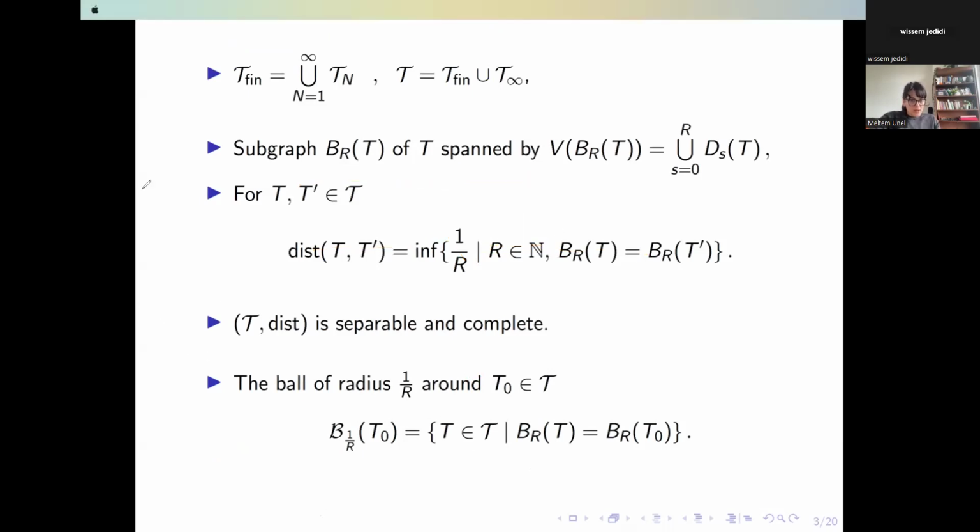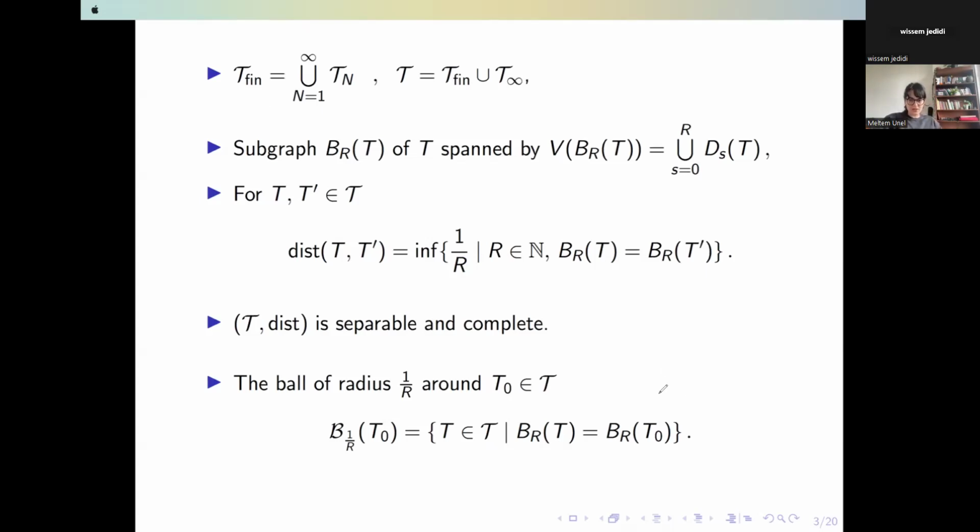This is just the notational part. I will denote the space of finite trees as curly T fin. We can also add to this space the infinite trees, and I will denote the set of all planar rooted trees, finite or infinite, as curly T. The ball around the root of radius r is the subgraph spanned by the vertices up until height r.